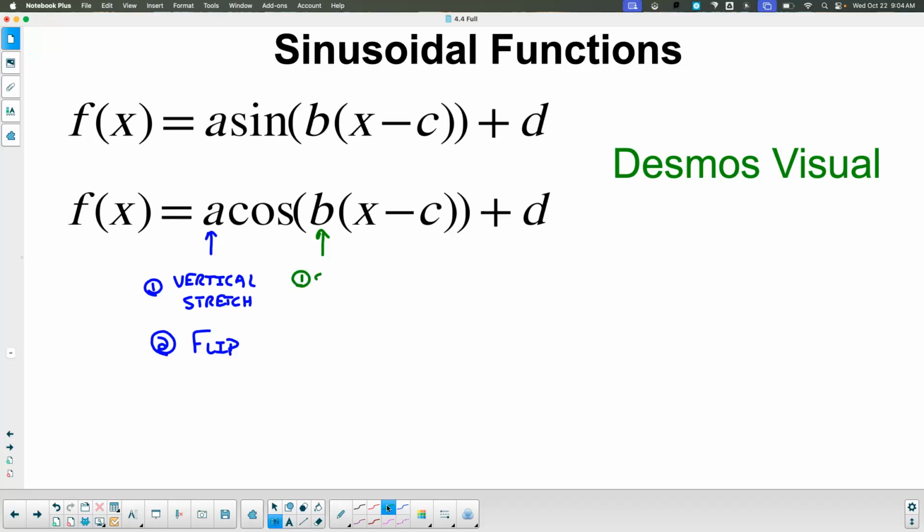B, first off, sets the period. These functions are wave functions, and they never stop in either direction. So the B value sets how frequently that wave happens. That's the period: the amount of time it takes to get back to the exact same spot in the exact same location on the graph.